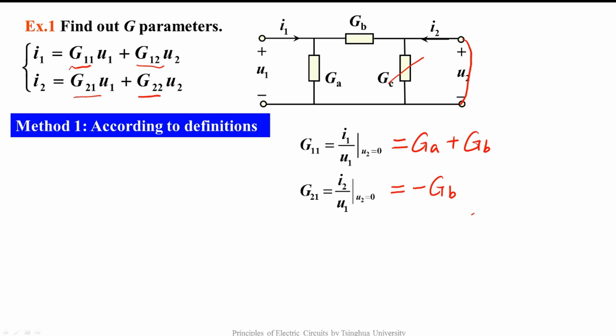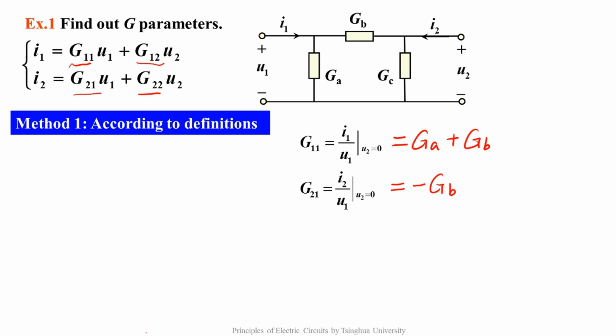Similarly, when port 1 is short, then GA is short. G12 equals I1 over U2 and also equals minus GB.